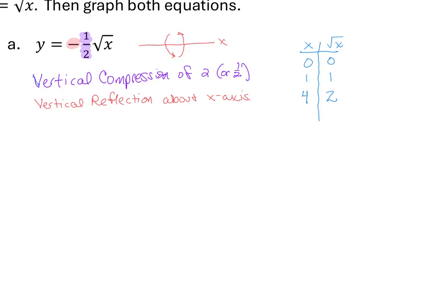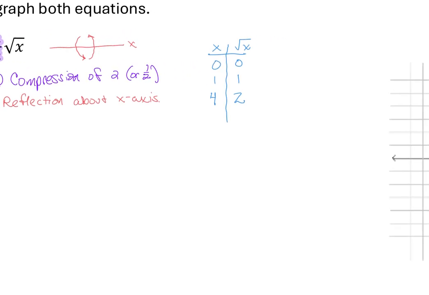All right, now we want to go ahead and apply these two things. And if you want, you can do them simultaneously because they're both multiplications. What we essentially want to do is multiply our y-coordinates by negative 1/2.